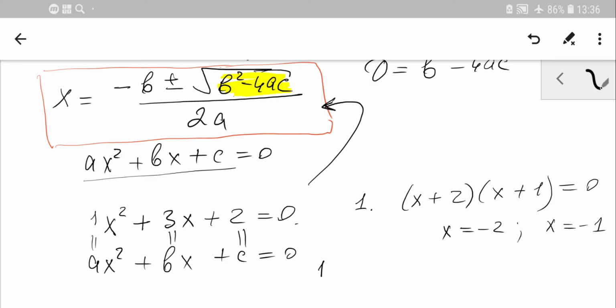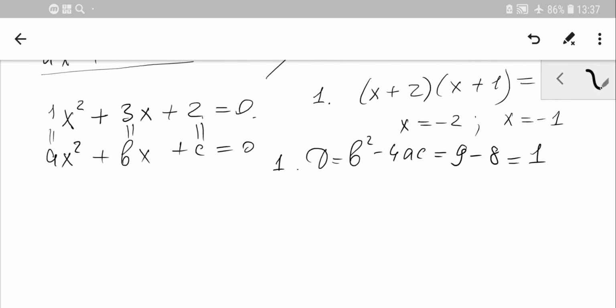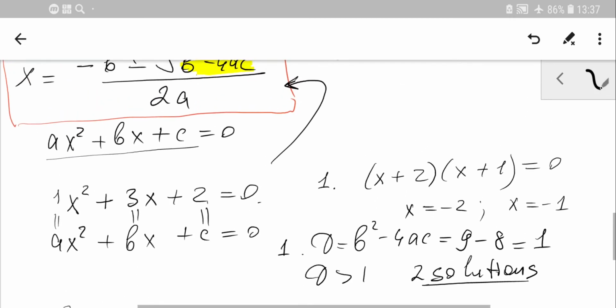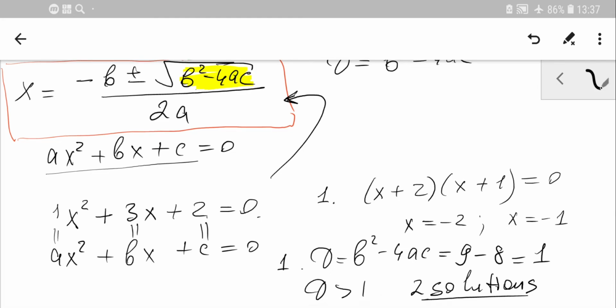And the first step is to calculate the discriminant. So the discriminant, which is b squared minus 4ac, would look like: b squared is 3 squared, which is 9, minus 4 times 2 times 1, which is 8, and we'll get just 1. So 1 is a positive number, so the discriminant is more than 0, so we should have 2 solutions according to our roadmap. And the second step, calculate the solutions according to the formula. We'll get the following: minus b plus minus the square root of the discriminant.